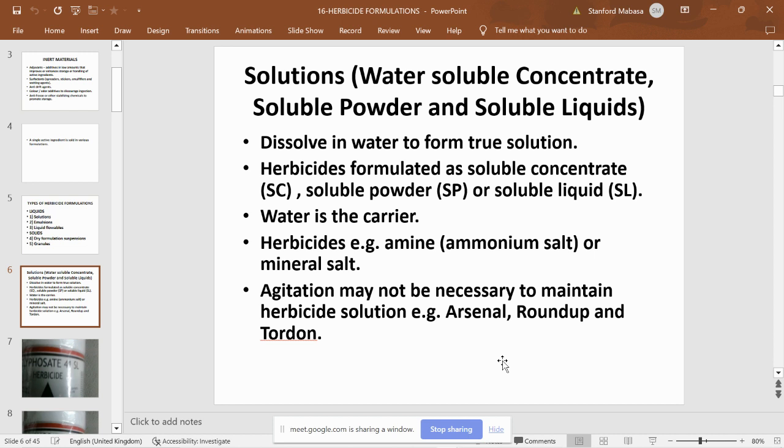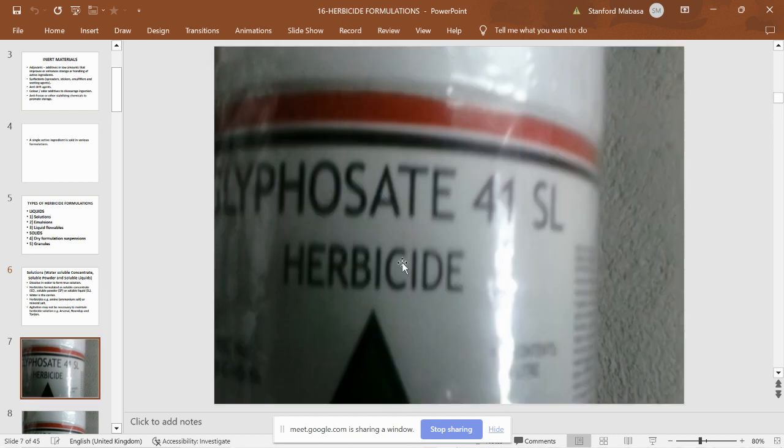So solutions, remember, soluble concentrate, soluble powder, and soluble liquid. So this is glyphosate. You'll find that it has got SL on the label, representing soluble liquid.